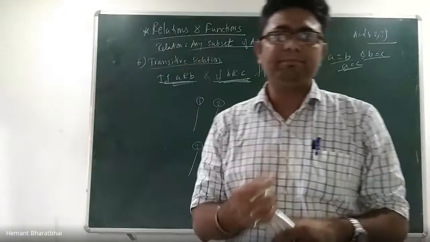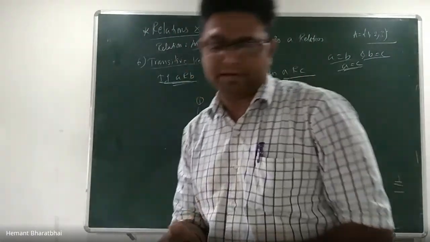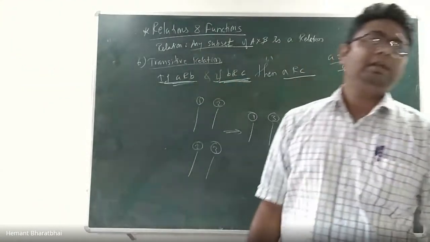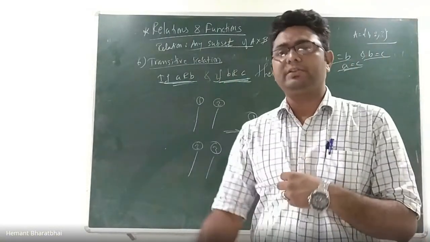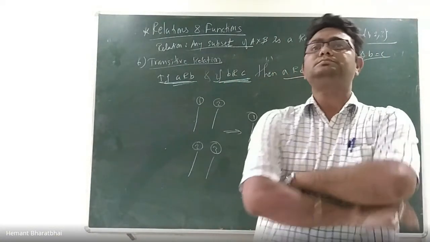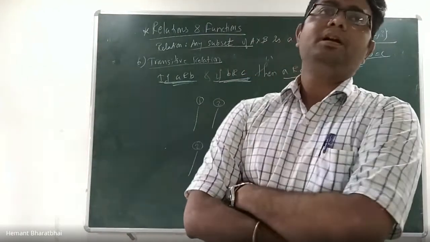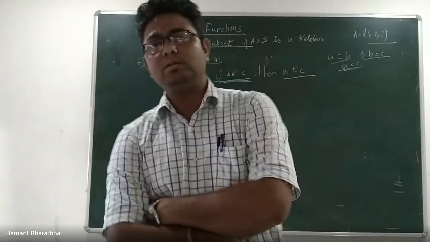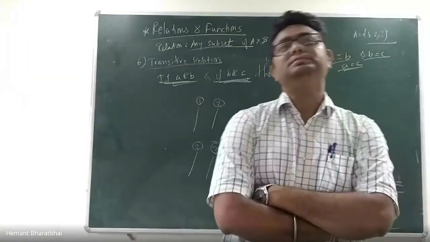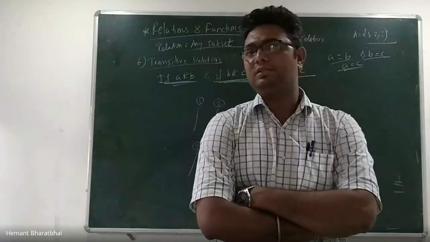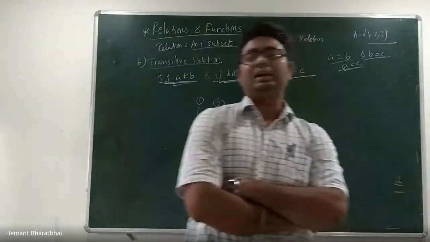Say for example, you guys are related to Perfect Academy and I am also related to Perfect Academy. Then only there can be a relation between me and you. But if I am related to Perfect Academy and you are related to some school, so you are related to the school and I am not, there cannot be a relation.